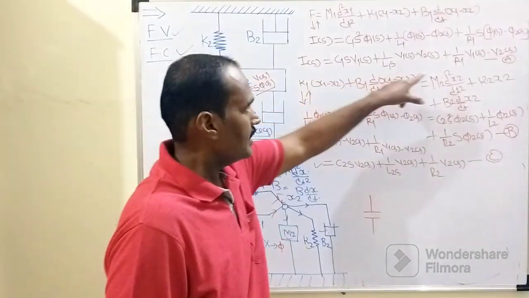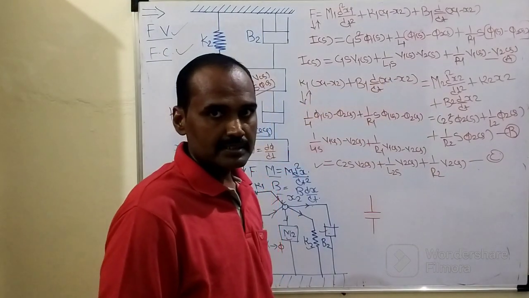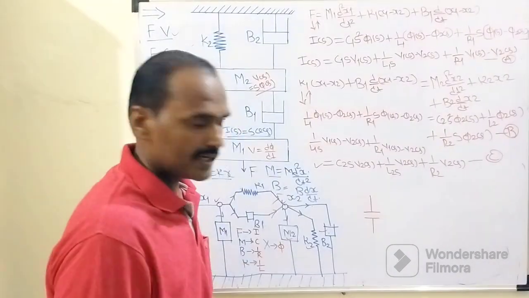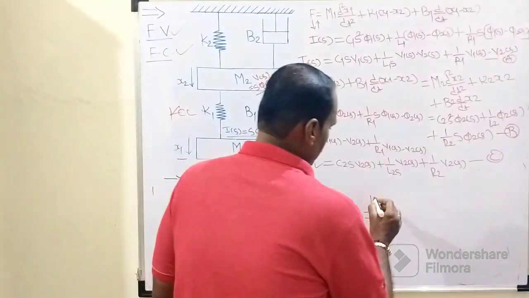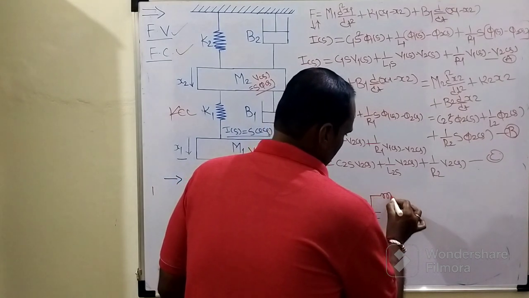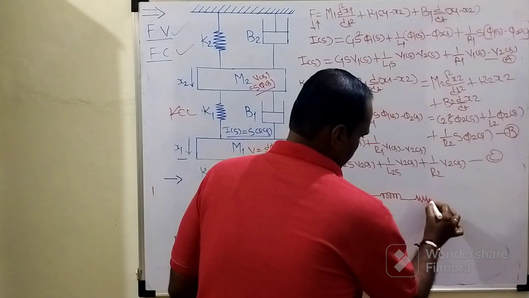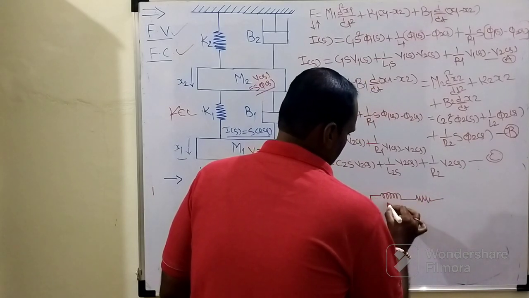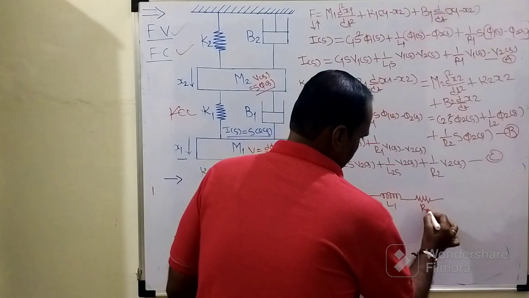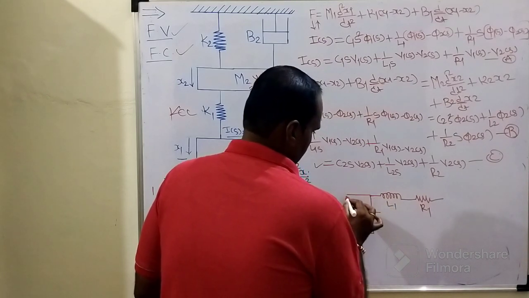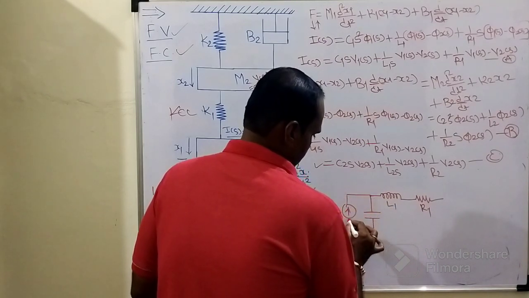But as far as L1 and R1 are concerned, their coefficients are V1 minus V2, so associated with these two displacements, it will be drawn like this. This is L1, this is R1, and this is the current source.